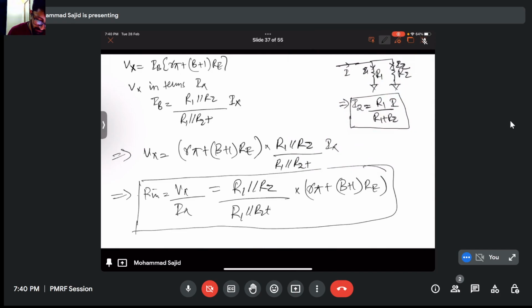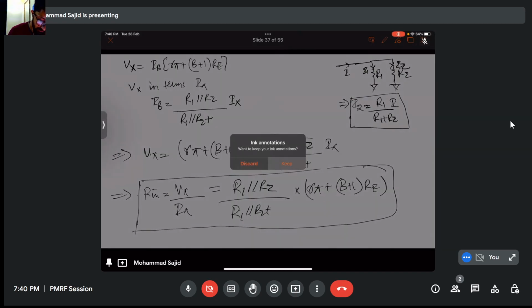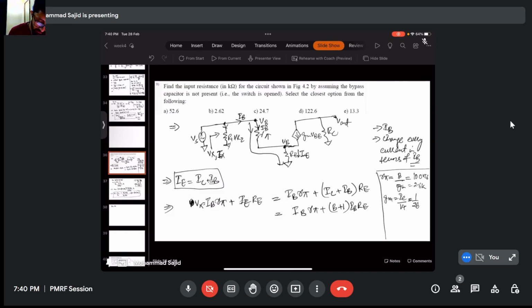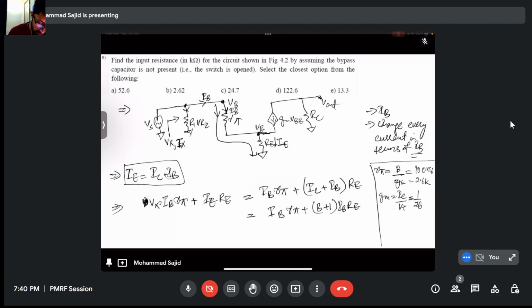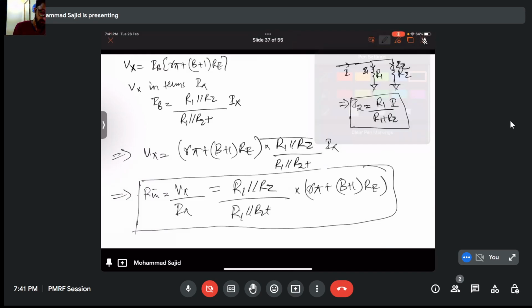Going to the previous slide, the two resistors here are R pi in combination with Re, and the total resistance now is R pi plus beta plus 1 Re.